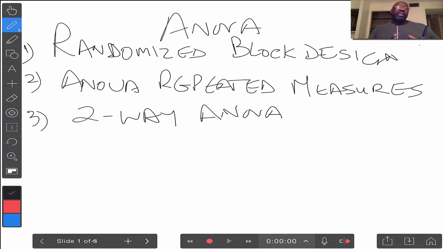The main thing is that the cars assigned to gasoline A are different from the cars assigned to gasoline B, different from the ones assigned to C and D. So it is completely randomized. If we had 30 cars, we could just randomly assign the 30 cars across the four types of gasoline. So that would be completely randomized design.